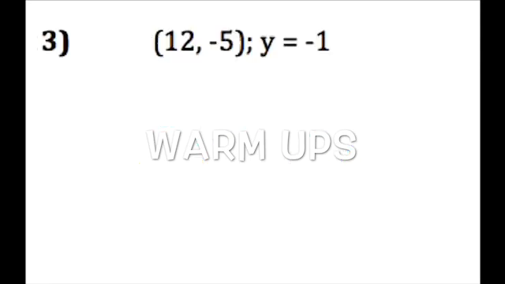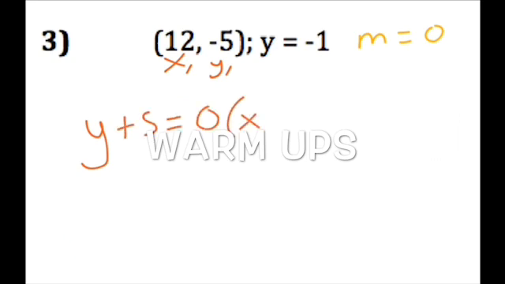Okay, number 3, y equals -1. This is a horizontal line, and so our slope is 0. If I want to be parallel, I have to have the same slope. So we have, here's my x1 and my y1. So we have y minus a -5, which is y plus 5, equals 0 times x subtract 12.